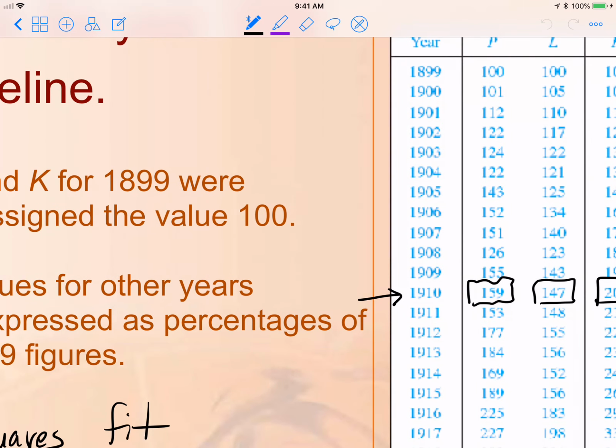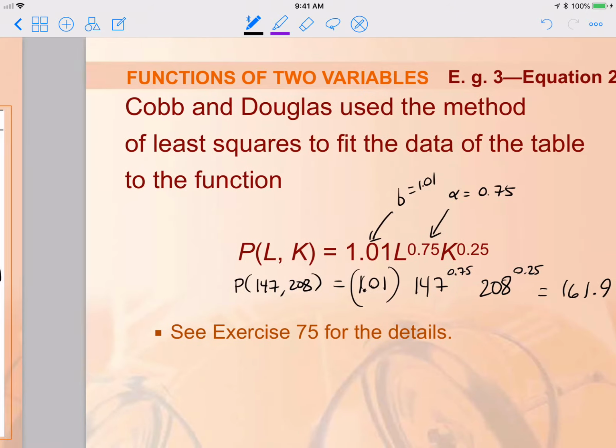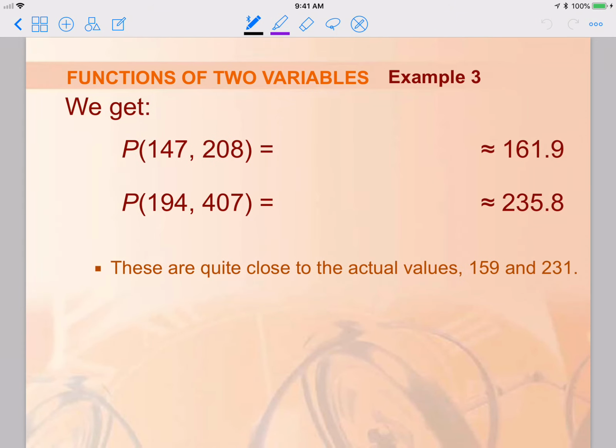Now the actual value was 159. So 161, which is approximately 162, is not that bad in terms of an approximation.